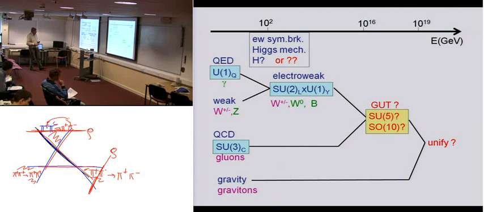Well, here is the QED part. We're saying QED is a U1 gauge field theory. Here is QED, and the exchange particle is the photon. That Q there is the generator. We'll see what a generator means. It's the charge generator. It acts on the charge. So that's the QED part. What did we do next?